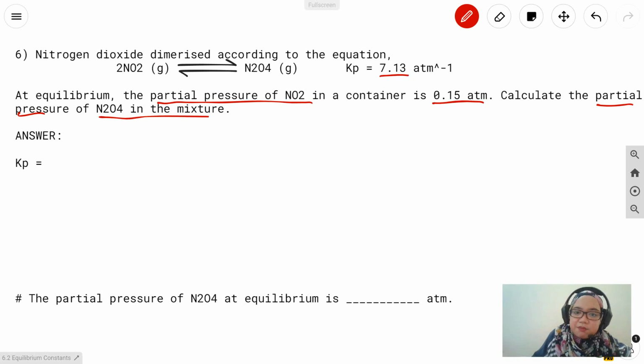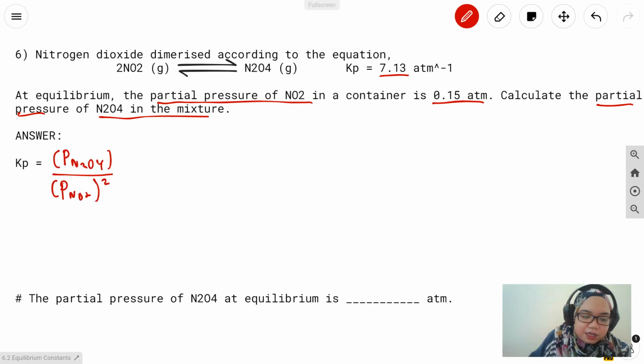So now we know Kp, we know the partial pressure of NO2. So we know that the Kp expression there is equal to product over reactant. So partial pressure of N2O4 over partial pressure of NO2 squared. We know this. Okay. Is equal to 7.13. Okay. So now that we know this, we can do it like this.